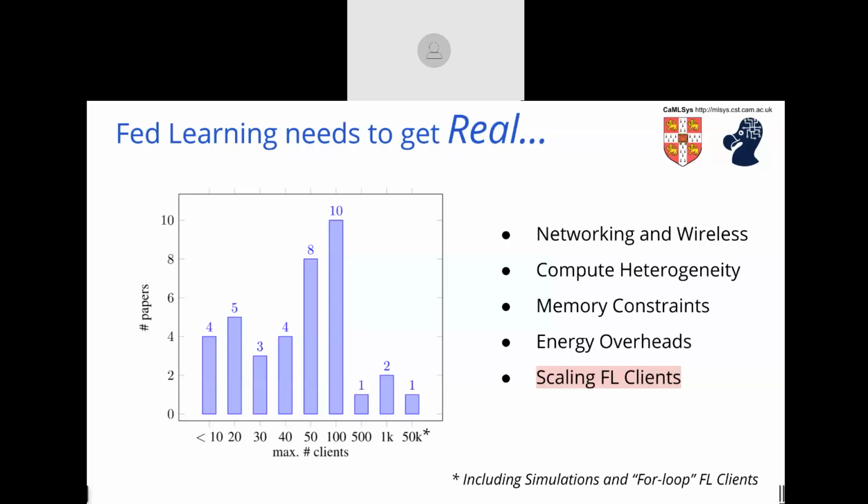You'll see that a majority of these papers are evaluating their system at 100 clients or less, even though the motivation for these systems, and the target that they want to pitch their algorithms for, considers a design space more like in the millions.